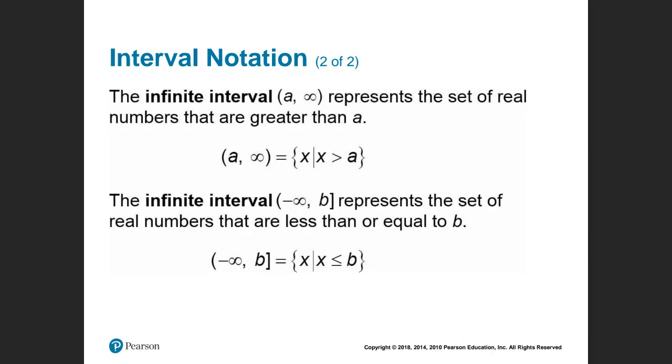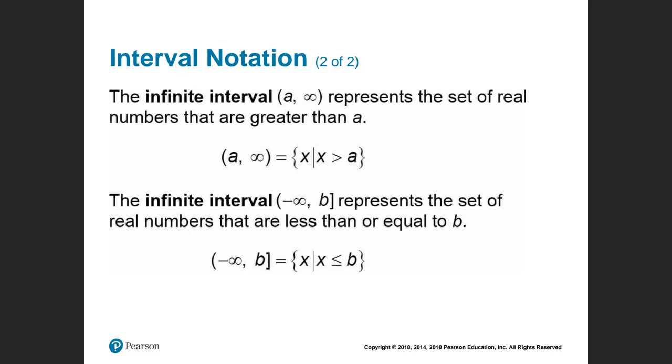The infinite interval (a, infinity) represents the set of real numbers that are greater than a. So the infinite interval (a, infinity) equals the set of all real numbers x such that x is greater than a.